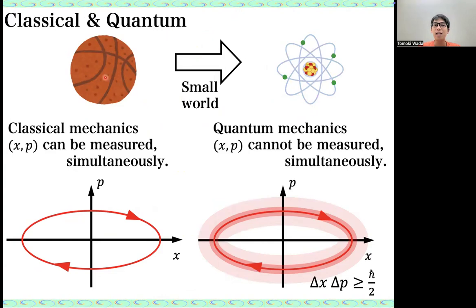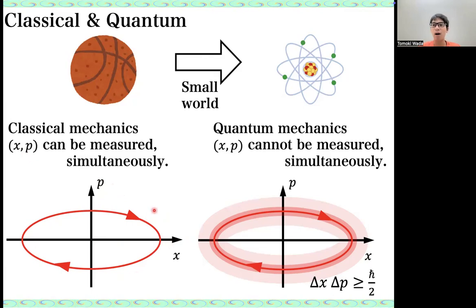In classical mechanics, as you know, you can observe both position and momentum of particles at the same time. So when you observe the motion of basketballs, you can draw a single orbit in the XP plane. This plane is called phase space.